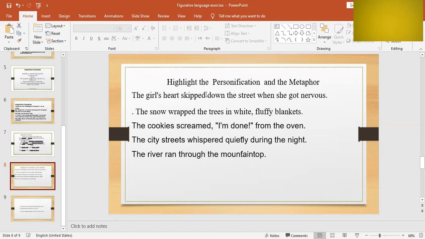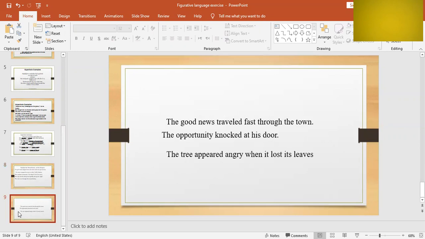The river ran through the mountain top. Here it is a metaphor and a personification too, because people can run, animals can run, living things can run, but a river cannot run. So it's a personification and it is a metaphor. The good news traveled fast through the town.